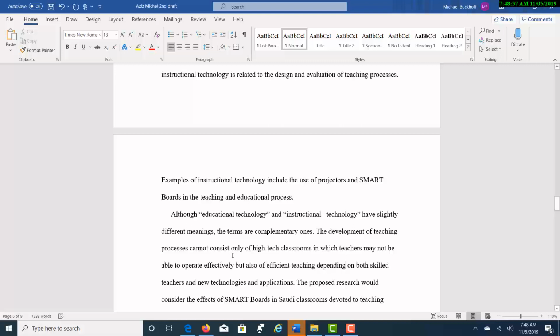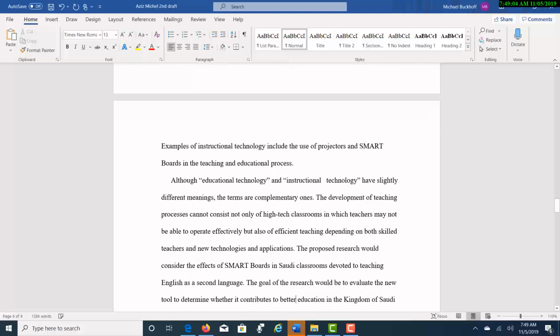We have to have the parallel structure here. You said the development of teaching processes consist. I'm going to say not only of high-tech classrooms, but also of efficient teaching, depending on both skilled teachers and new technologies and applications.